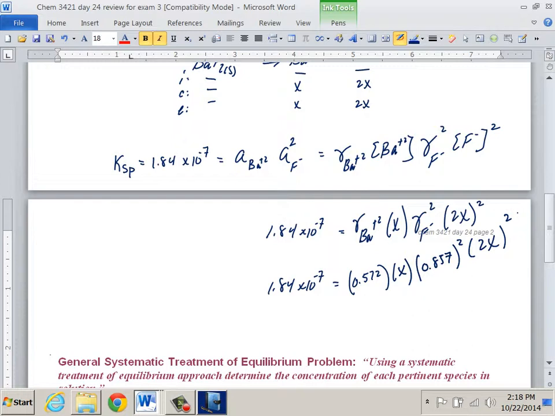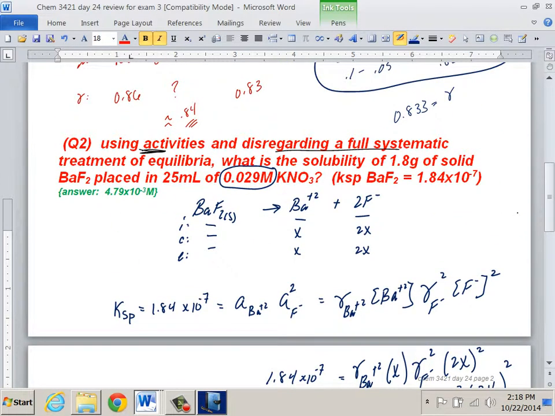So to find the activity coefficients, we would use the 0.029. Yes. The 0.029 is going to be, what's the word, starts with an I? Ionic strength. That's going to be our mu.